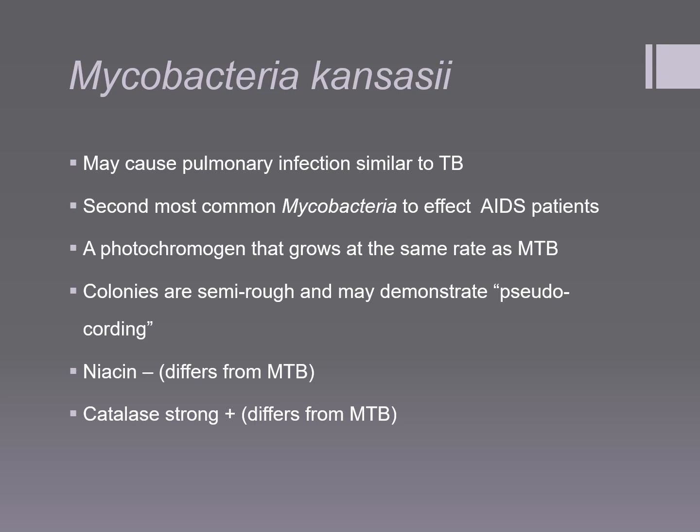It's not usually a problem for healthy people, but it can be seen in leukemic patients, and generally it is not contagious. Mycobacterium kansasii is a photochromogen that grows at the same rate as Mycobacterium tuberculosis. Because it's a photochromogen, it will produce a yellow pigment in the light. Okay, it is niacin negative and catalase strong positive, and those tests differentiate it from Mycobacterium tuberculosis.